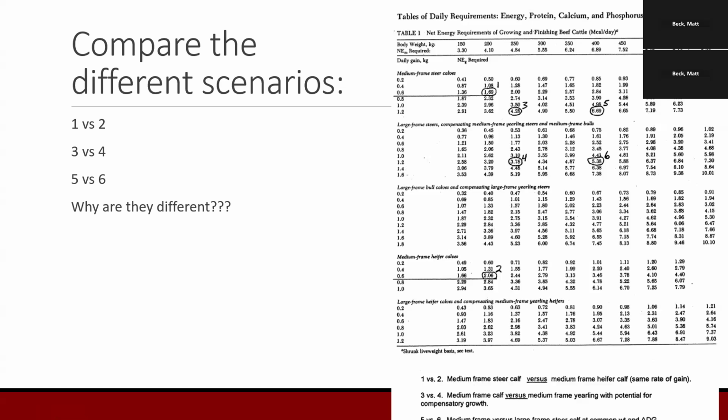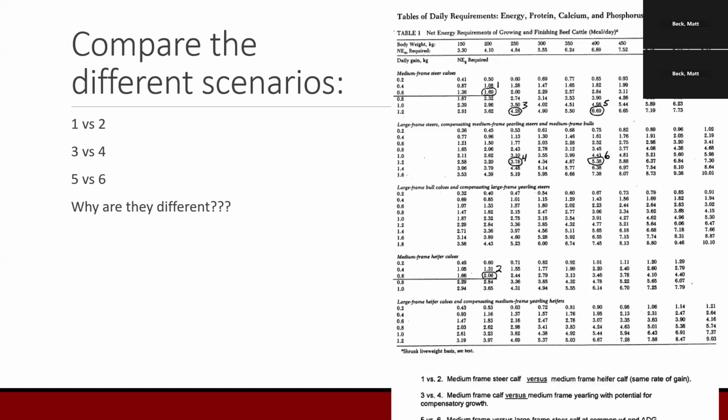So a large frame steer needs less NEG than a medium frame steer at the same rate of gain and the same body weight, and it's because of the exact same reason. At that body weight, they're at different parts of their physiological growth curve, and the medium frame steer is depositing more fat in that gain, which is going to require more energy.